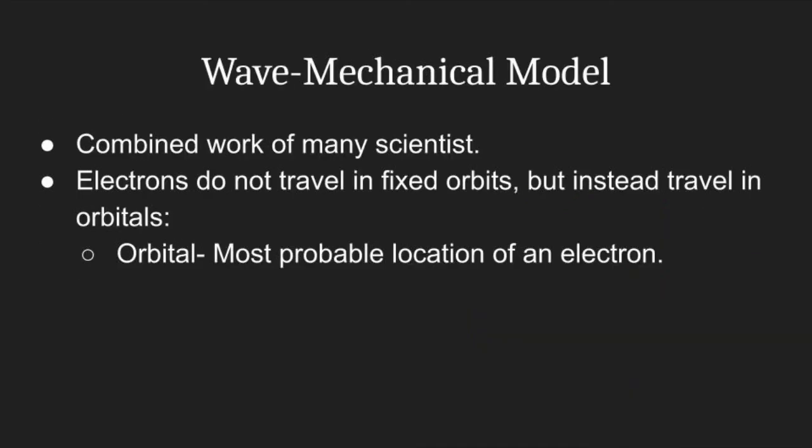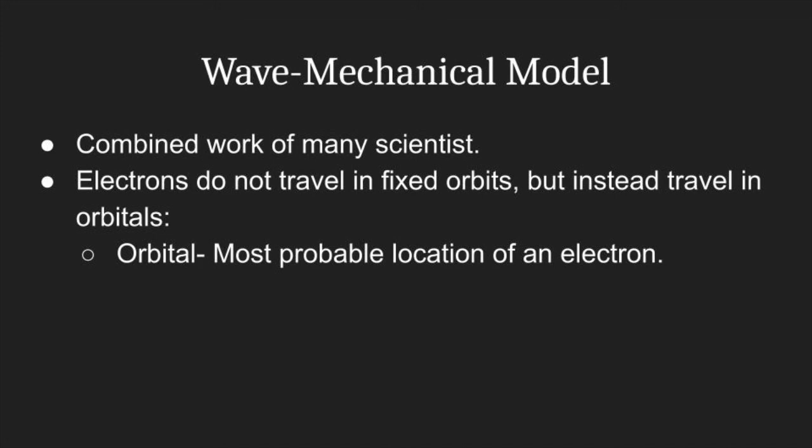The last model we are going to discuss is the wave mechanical model. This was not just one scientist, but was the combined work of many scientists, one such being Schrödinger. And they concluded that electrons do not actually travel in fixed orbits, like Bohr's planetary model shows, but instead travel in orbitals.